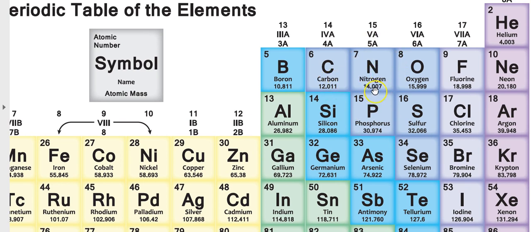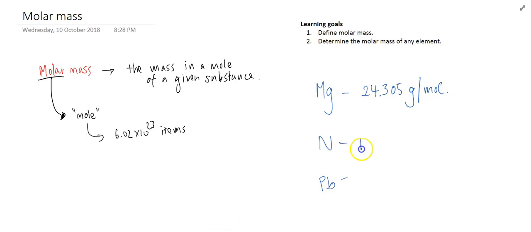Go over to the other side of the periodic table. We see here that the relative atomic mass of nitrogen is 14.007. So this is the molar mass of nitrogen. So with a mole of nitrogen, we have 14.007 grams. So we could say that the molar mass is 14.007 grams per mole.